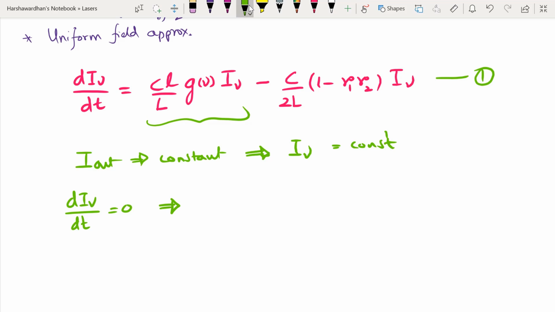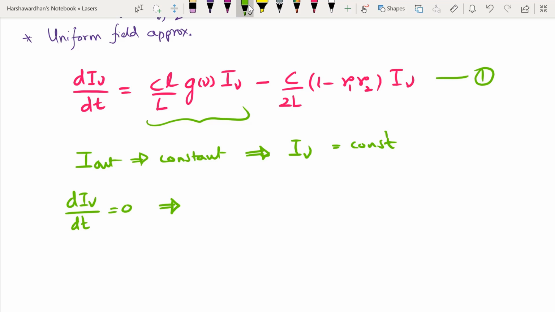You will get the following: the gain term, which of course has a combination of stimulated emission as well as absorption, because it's a difference between the two populations, and the loss term have to be equal. That is, the generation of photons and the extraction of photons from the cavity basically balance each other.